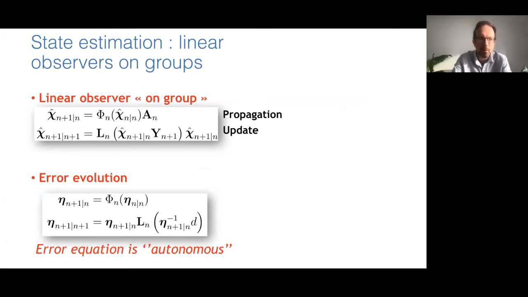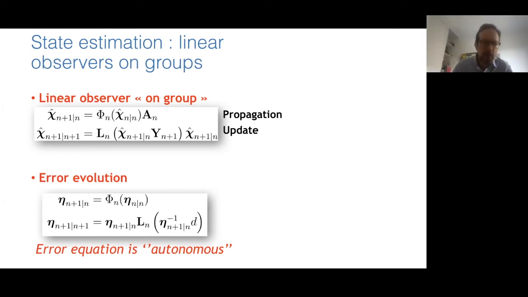So now this is what we call a linear observer on a group. It consists of a propagation step, which is just a copy of the dynamics, and then an update step. And I don't have time to explain the details regarding the output Y and how you do the update, but we can discuss that later if you're interested. So this is what we get, and the error evolution.